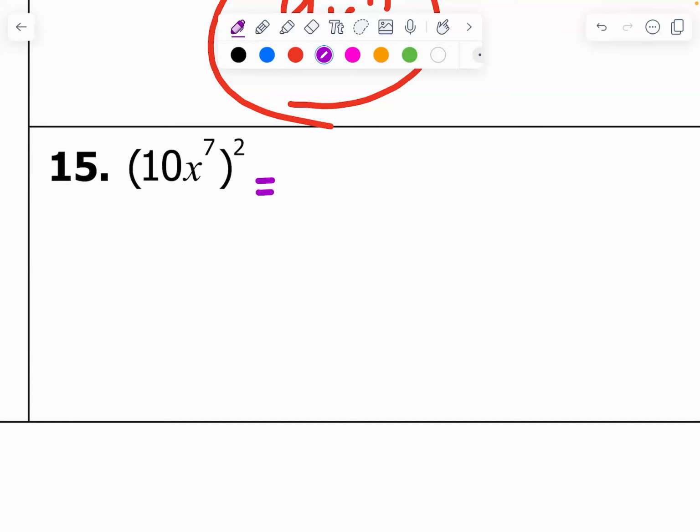Ten to the what power? 10 to the 2nd power, and then x to the what? That's right, Kanaya. What's 7 times 2? Kale, what's 7 times 2? 14.